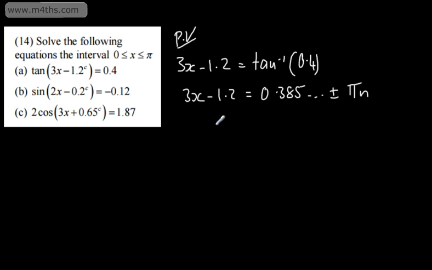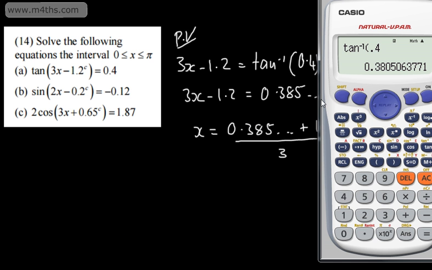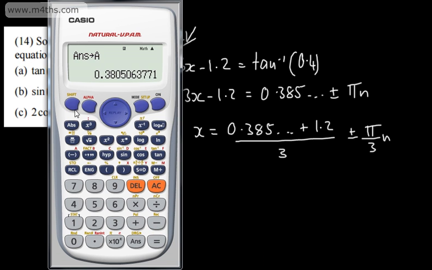So what I can say at this stage now is that x is going to be equal to 0.385 plus the 1.2 divided by 3 plus or minus multiples of pi by 3. So that's what I'm going to do. And again, if you want to store this value in, you're more than welcome. Shift, store A.